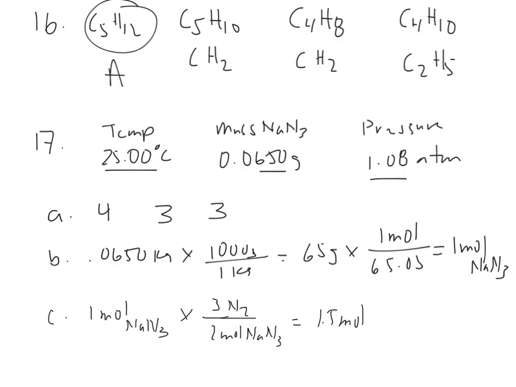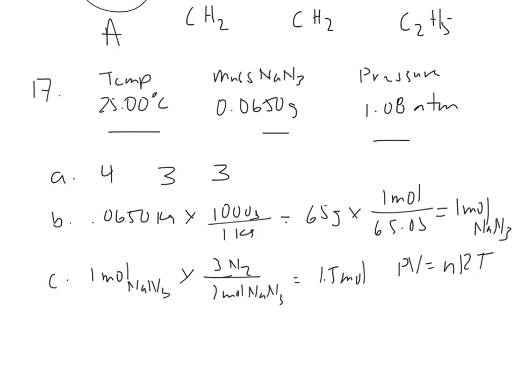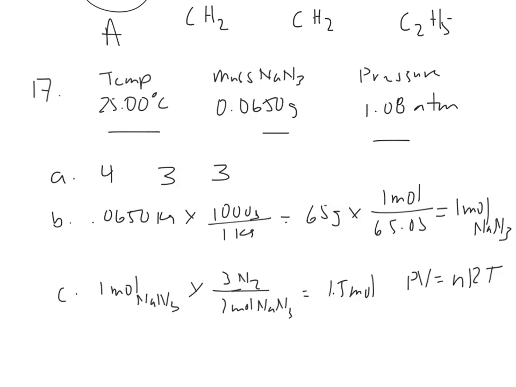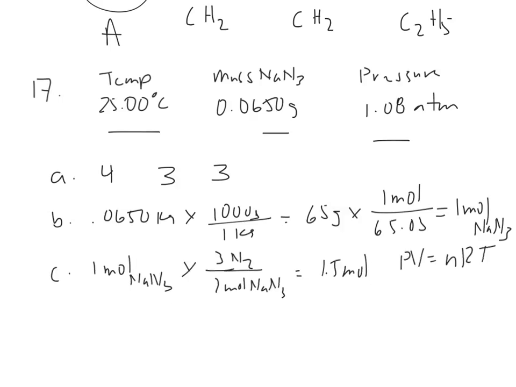And then they wanted that as a volume. So under these conditions, I can use PV equals nRT. So I'm going to go ahead and shift my P over to the other side, since that's where it's going to end up. It's really V equals nRT over P. So n is 1.5.